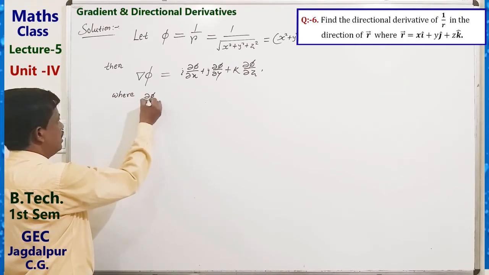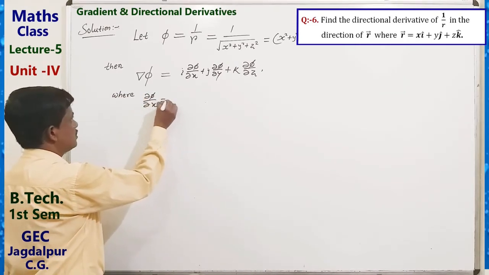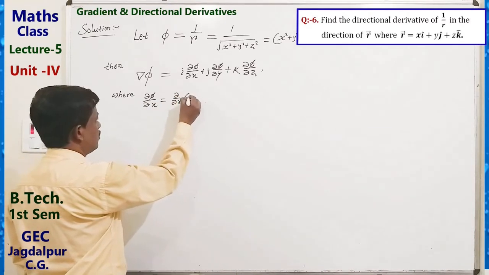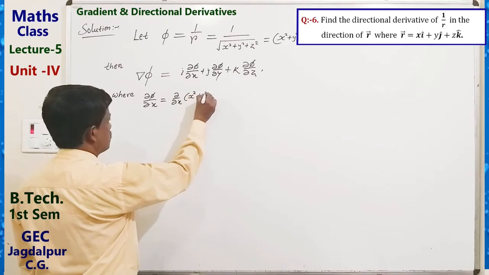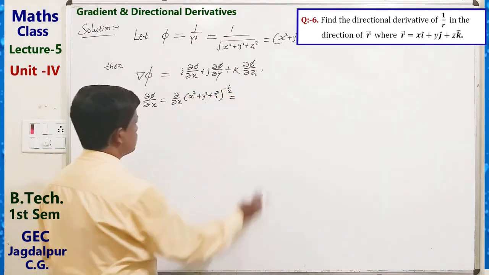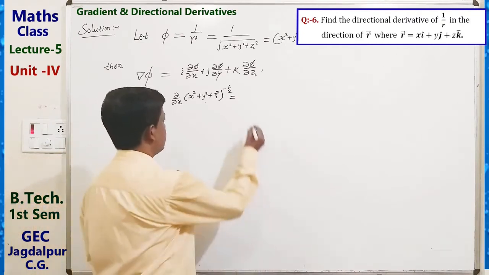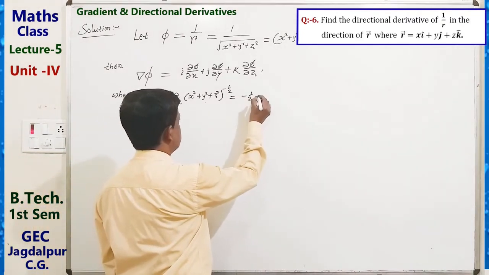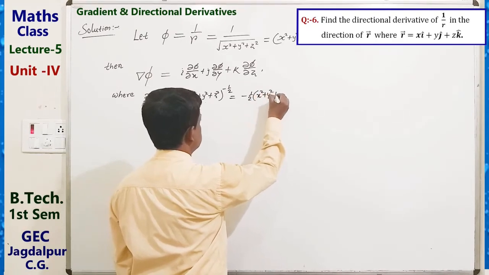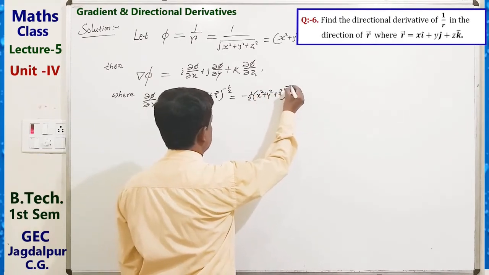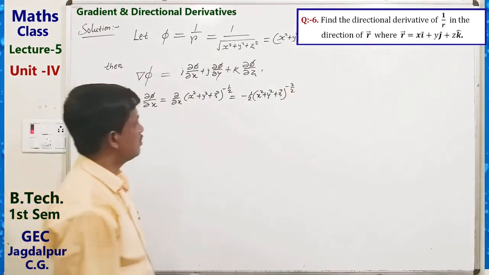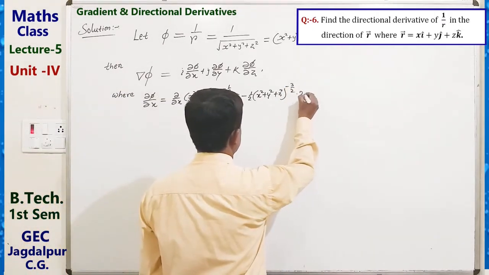Del phi by del x: just find del by del x of (x square plus y square plus z square) to the power minus half. This can be found as minus half (x square plus y square plus z square) to the power minus 3 by 2, since half minus 1 is minus 3 by 2, into 2x.